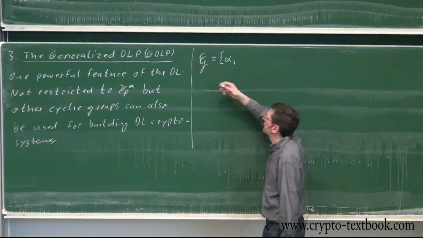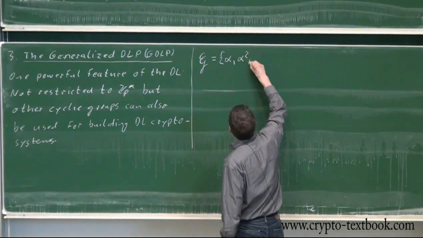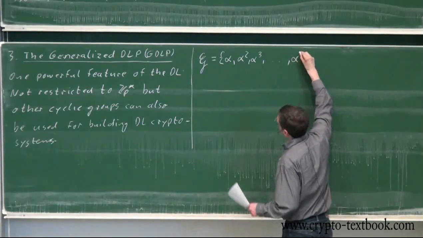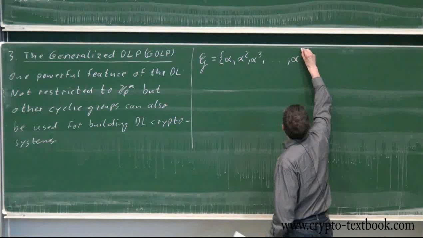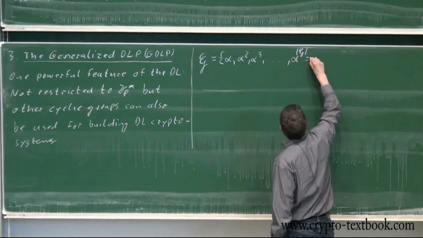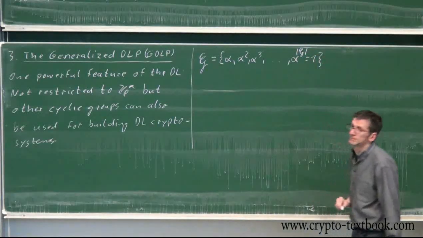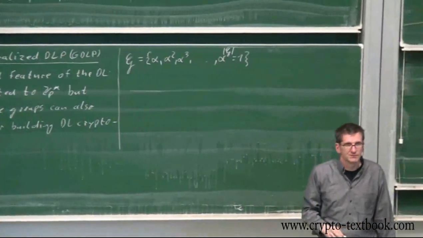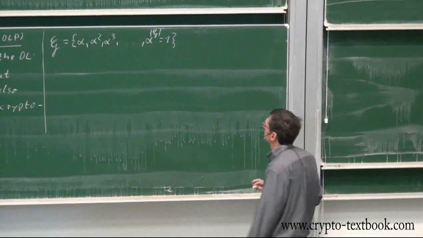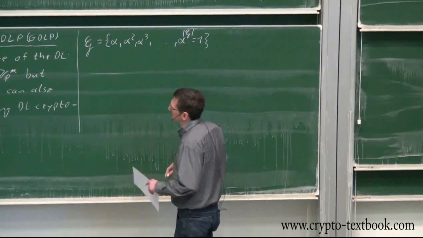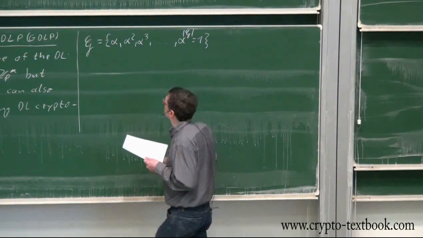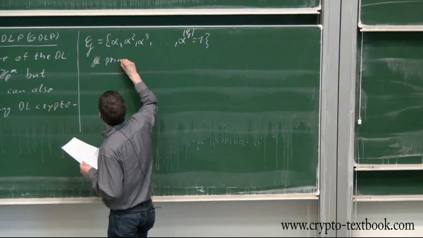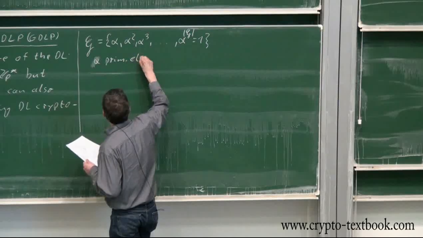You can write all group elements as a power of alpha: alpha squared, alpha cubed. And the last one is Fermat's theorem, which we did last time: alpha to the G is equal to 1. So alpha is a primitive element.